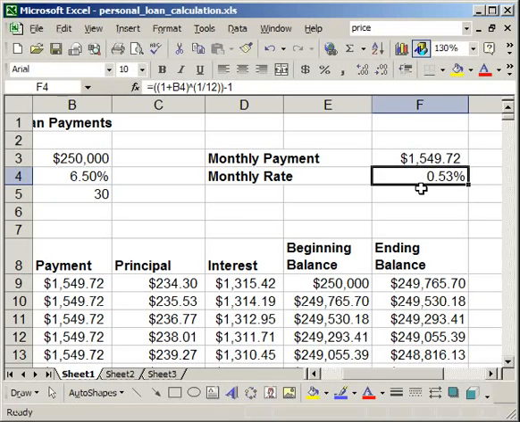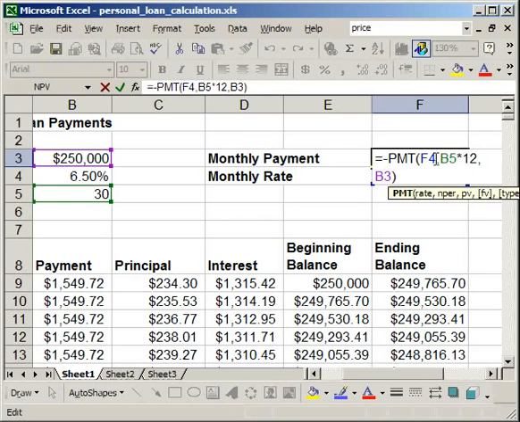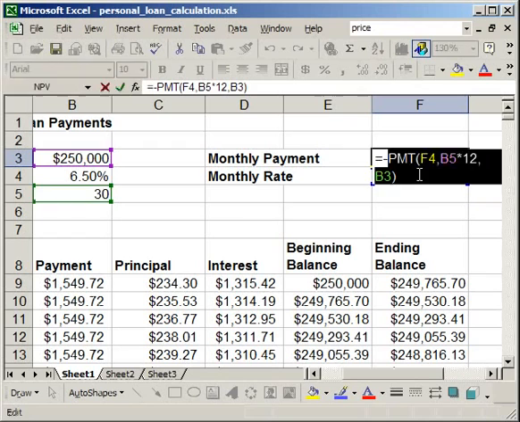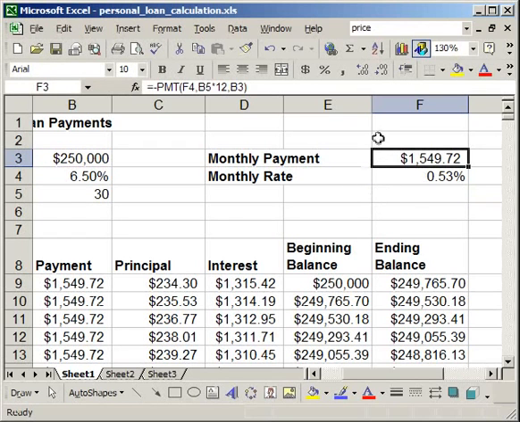Now once you have the monthly interest rate, what you want to do is calculate the monthly payment. Now the monthly payment, it's very simple, just a PMT function for payment. I have it all right here, but I'm going to go ahead and redo it right above.